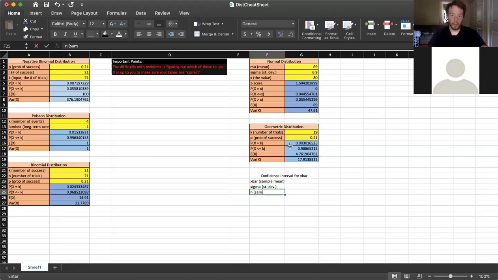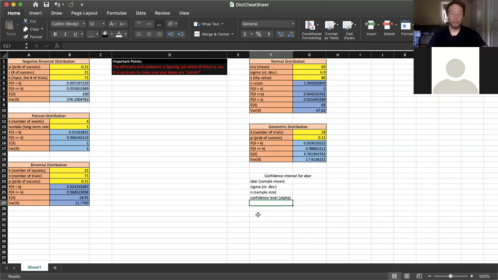N, which is the sample size. And the confidence level. Let's see, how should we do this? Which was that alpha value? Okay. So these are the 4 things we need.